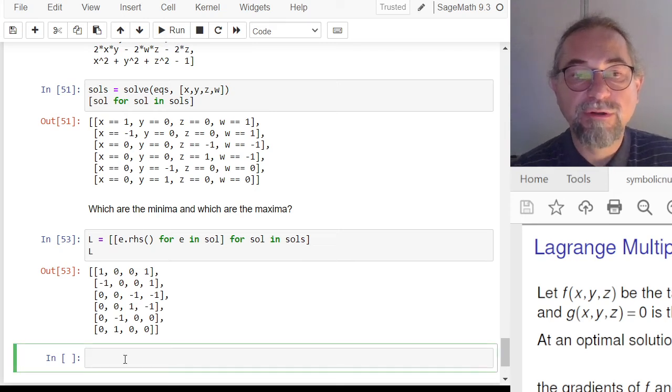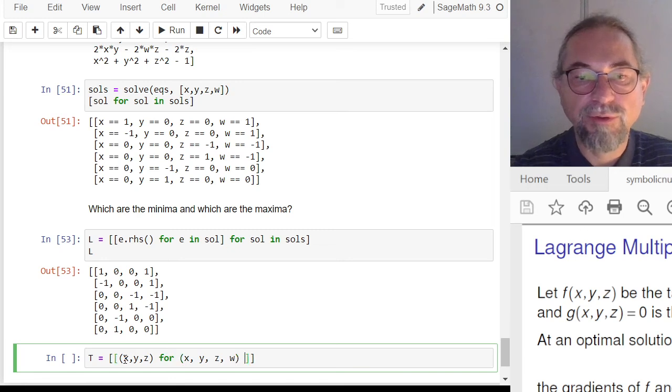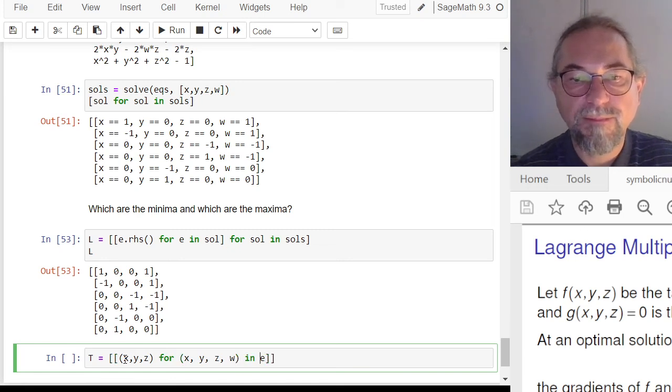So I'm going to turn this into a list of tuples, where I'm going to take the x, the y, and the z for x, y, z, w in E, and let me convert the E to a tuple for every E in L.